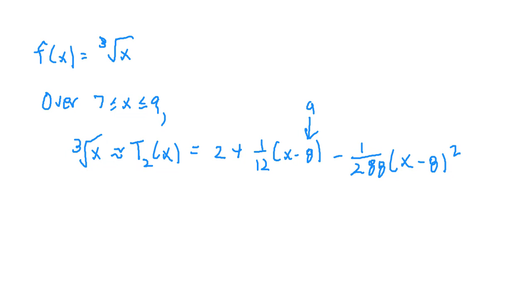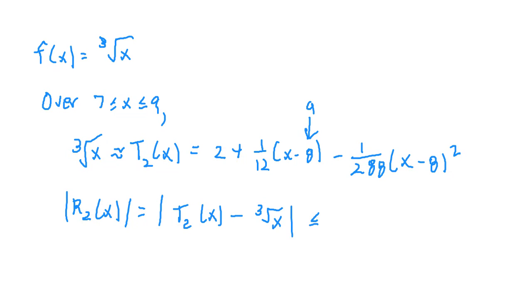Further, the remainder, which is the absolute value of the Taylor polynomial minus the cube root of x, was guaranteed to be less than or equal to 0.00035 over the interval from 7 to 9.